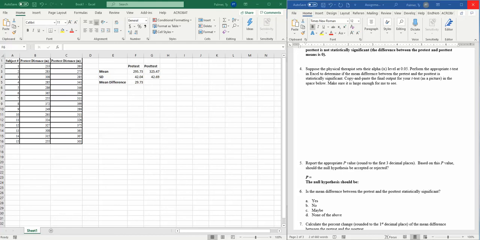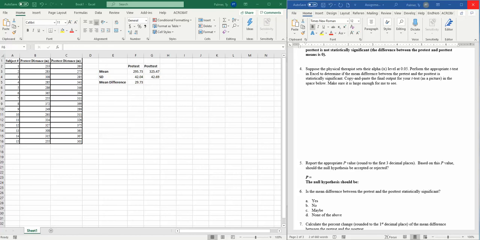And if you look in Excel, that's actually the first t-test that's listed. It's the t-test paired 2 sample for means. That's the t-test in Excel that's equivalent to a dependent samples t-test. It's the same thing. So in Excel, to run a dependent samples t-test, that's the one that we're going to perform. It's the t-test paired 2 sample for means.